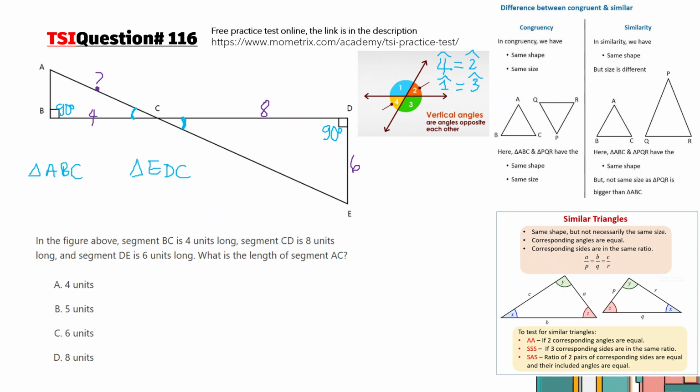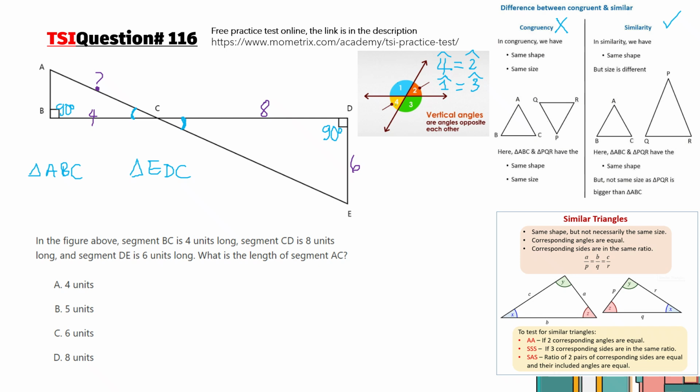As we see, the side of triangle ABC is smaller than triangle EDC. By eye, we can see that. So of course it's not congruency, it's similarity, because it's the same shape but different sides. Or the dimensions are multiples of one another. Similar triangles will have the same shape, but not necessarily the same size.